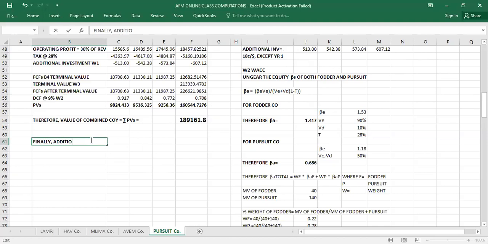So additional value created will be equal to the value of the combined company minus the value of Fodder and the value of Pursuit.